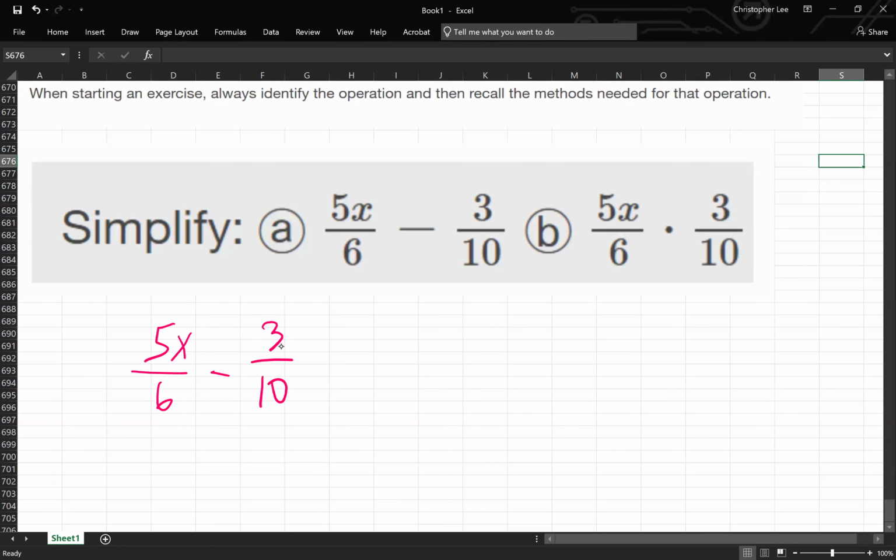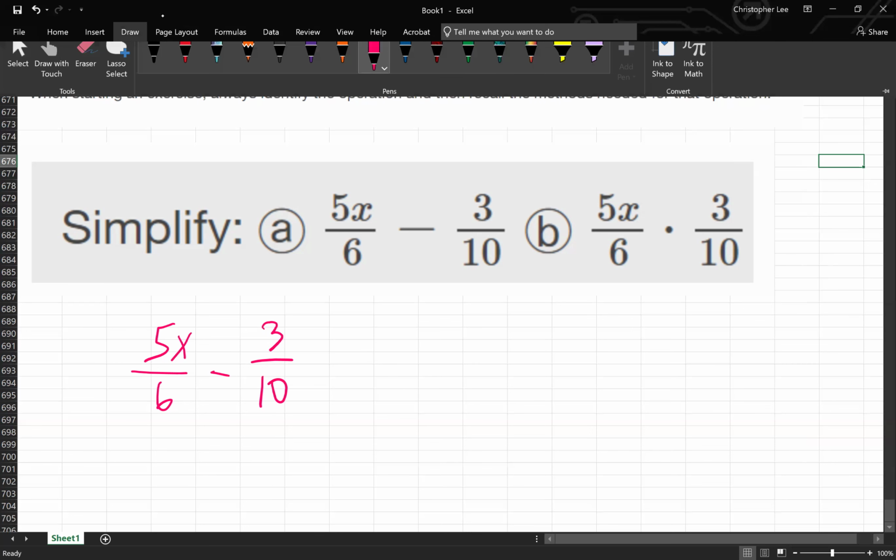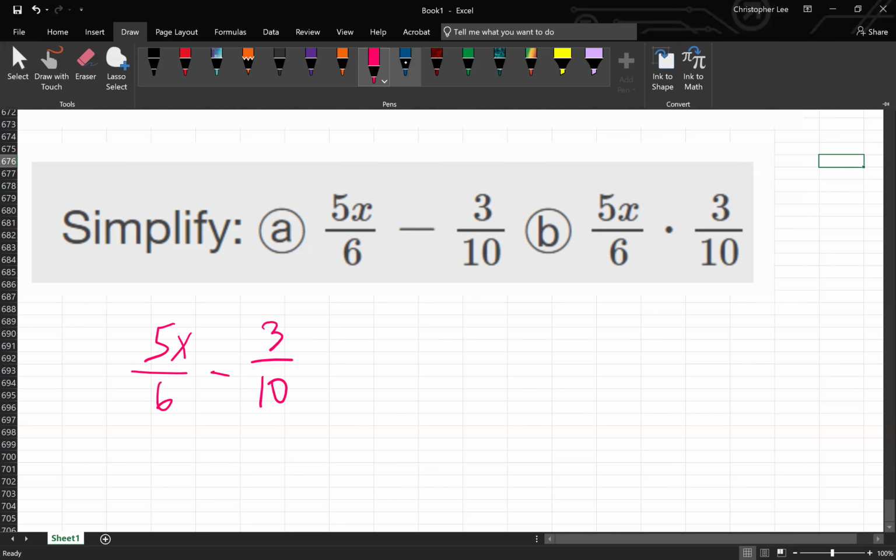So just to recap, what do I need to have in order to do the subtraction? I need to have the common denominator, right? So I have 6 and 10. What's the common denominator? 2? No. It's going to be a larger number that both of them go into.